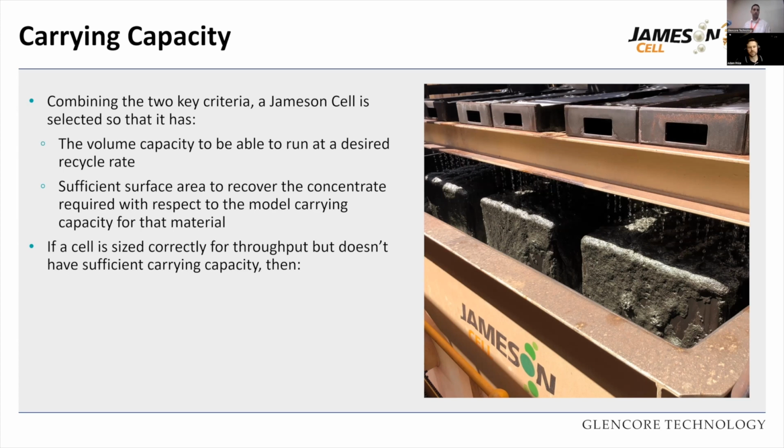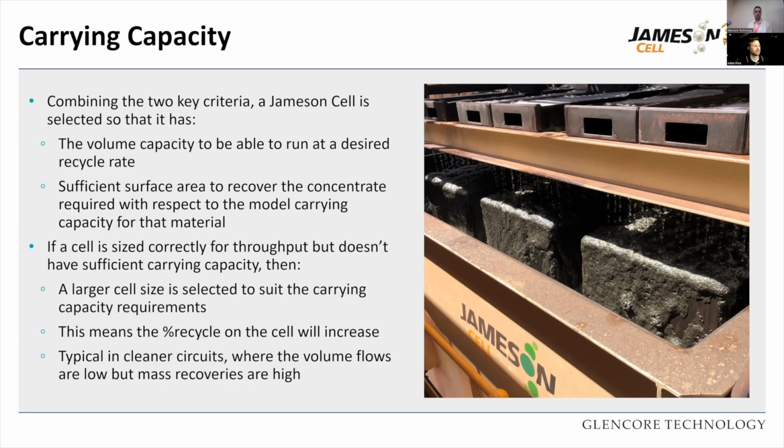If the cell is sized correctly for the throughput but doesn't have sufficient carrying capacity, then we need to move to that larger cell in order to achieve those carrying capacity requirements.